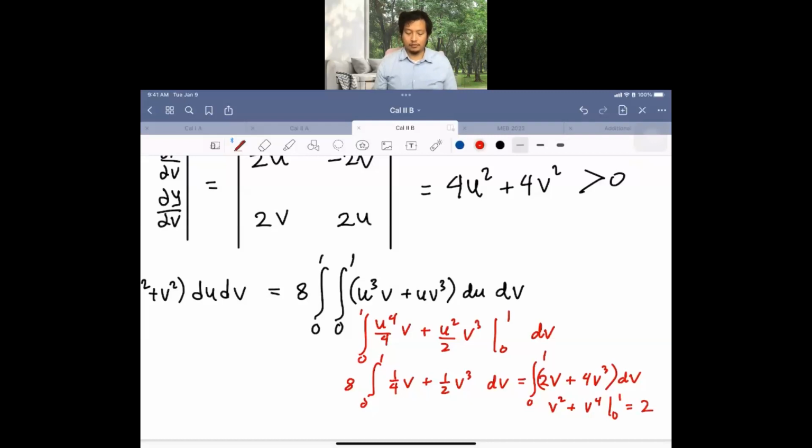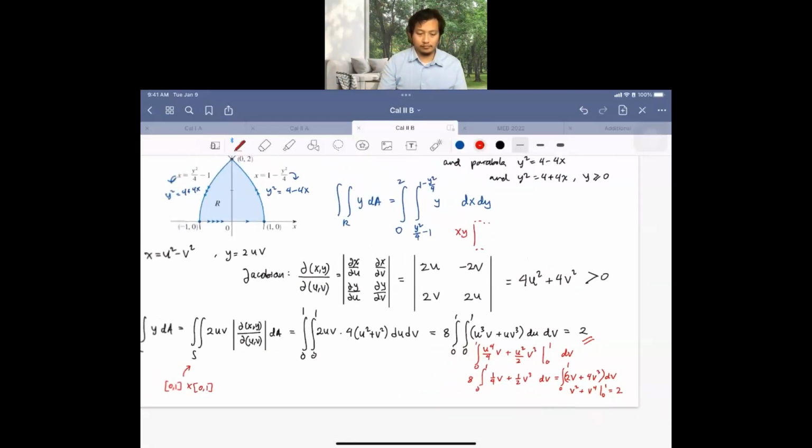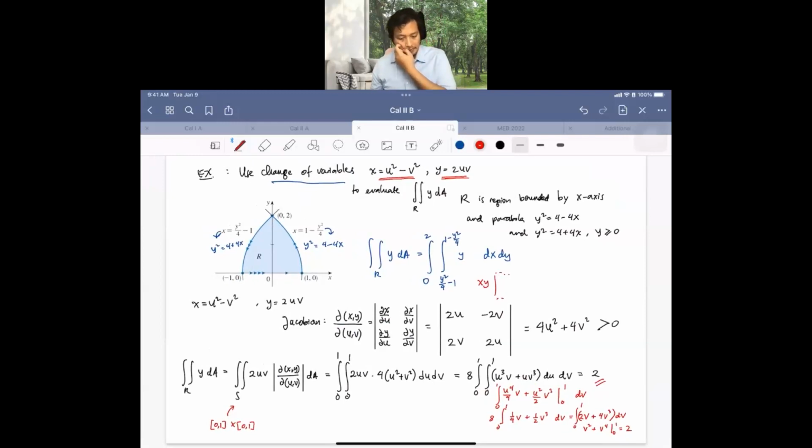Now it's true, 2. Okay, now it's correct. So it's equal to 2. That's one example. Okay, any questions?